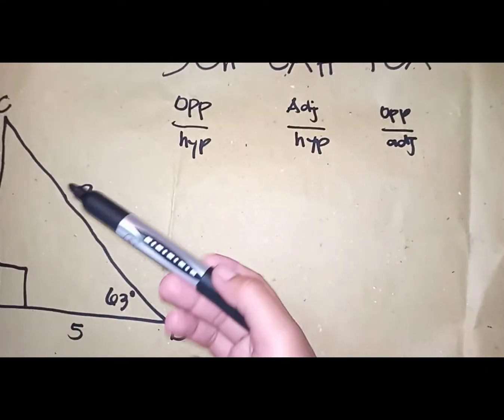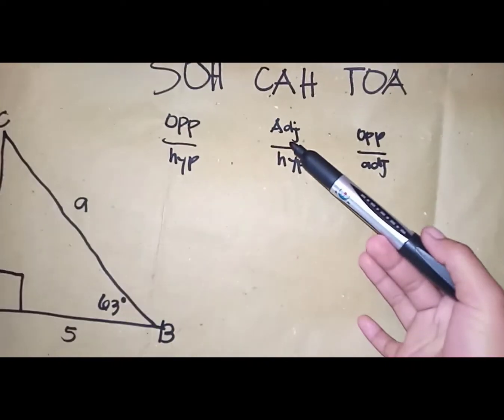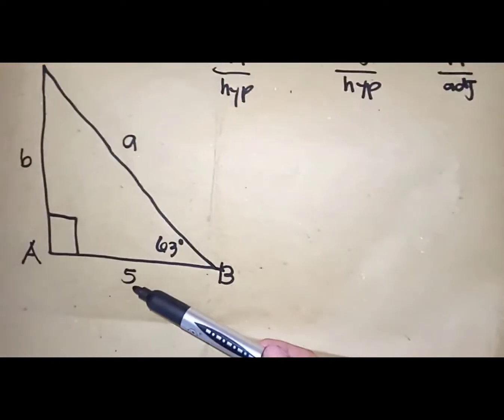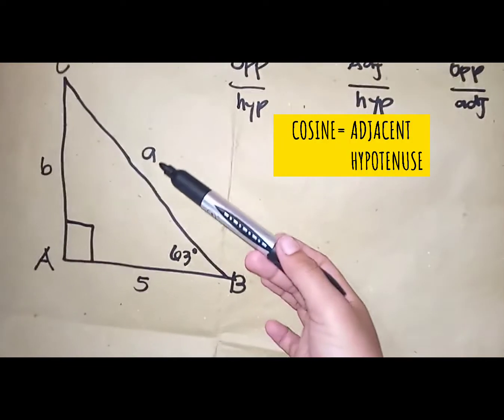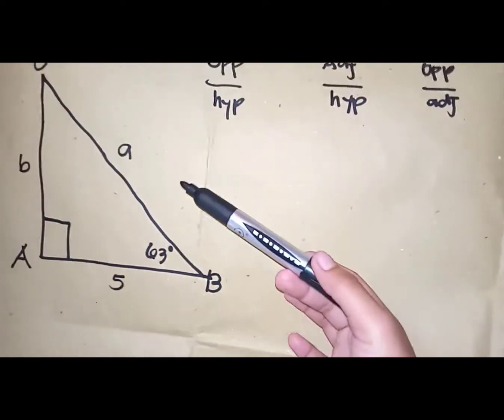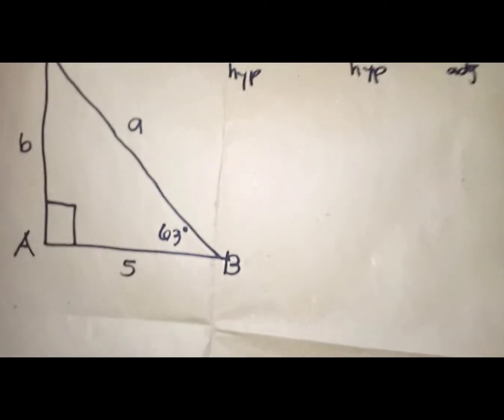In finding the side A, we're going to use the cosine, which is the adjacent over hypotenuse, because 5, side C here, is the adjacent, and we are going to find the hypotenuse. Given is angle B 63 degrees.